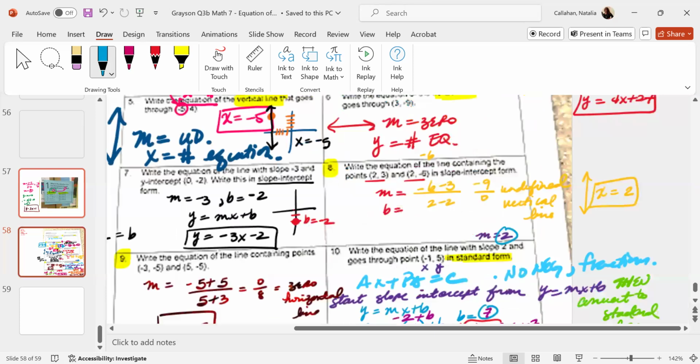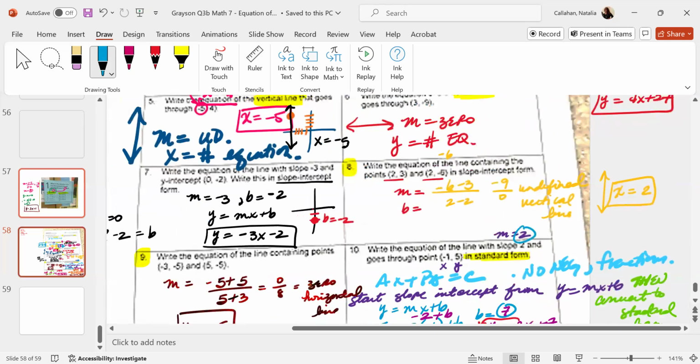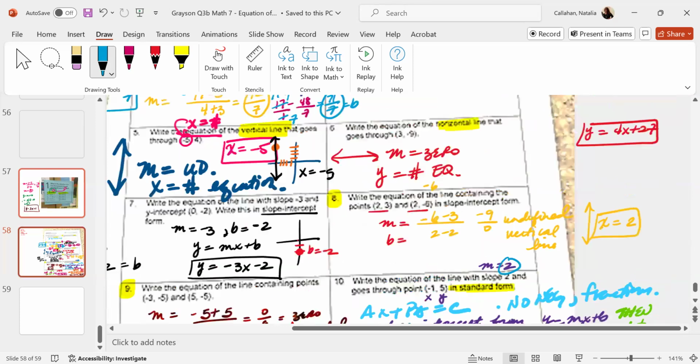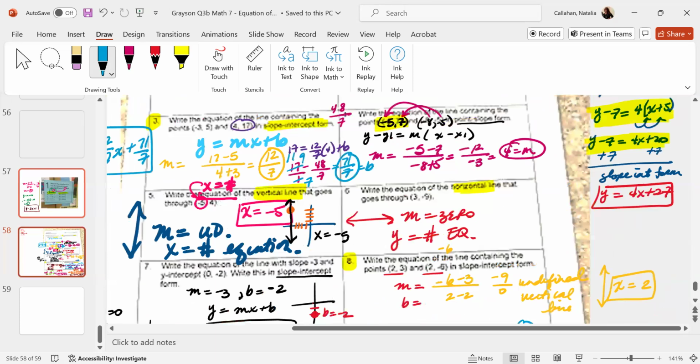8 is going to be a vertical line because it's undefined, right? What's your answer then? They give you 2 points. You're looking at the point that's the same. What is the x equals what? No. Okay, that's fine.